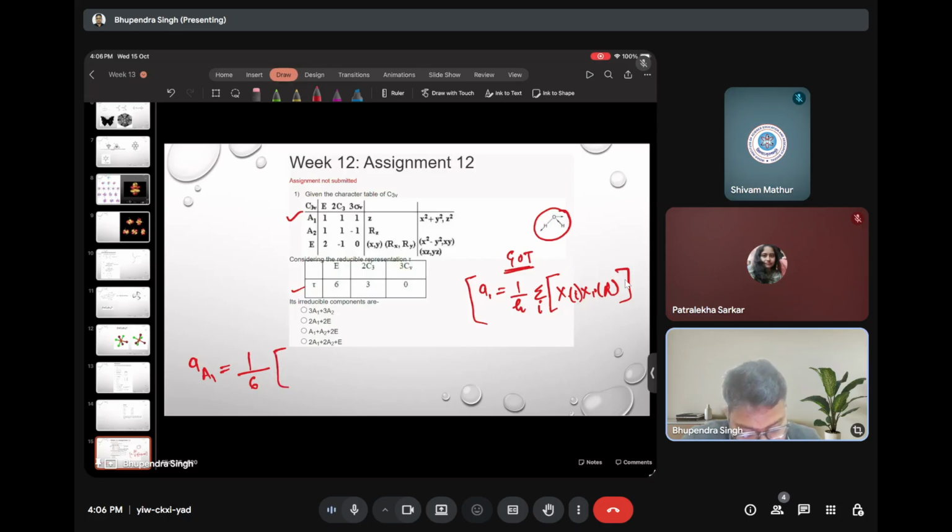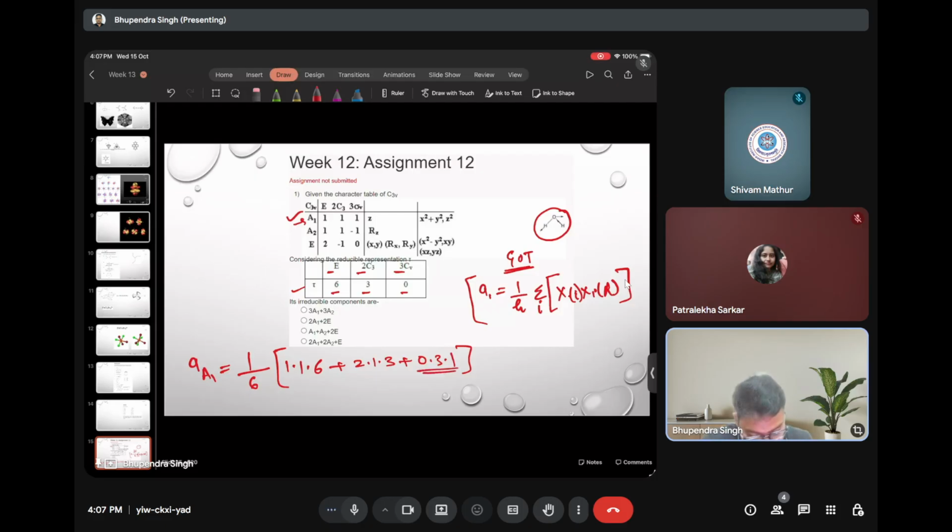So now what we have to do? We have to multiply these with A1. So 1 multiplied by 1 multiplied by 6, plus 2 multiplied by 1 multiplied by 0, plus 3 multiplied by 1 multiplied by 0.